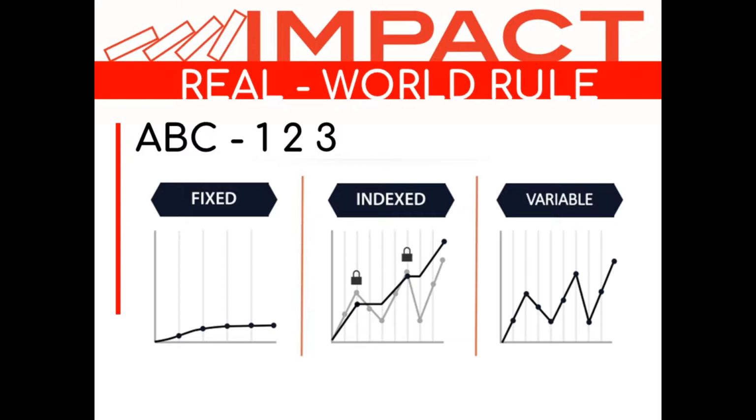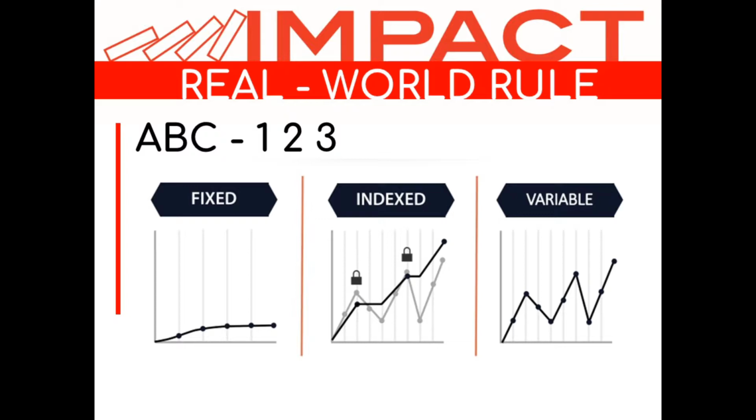And so this shows what an indexed account would do in that exact same environment, hypothetically, where each year the index goes up to the ceiling, but then if the market goes down, it locks in the gain up to that point, and then is at 0% if the annual return is negative. Each of these we'll get into in other lessons, but this is just the surface of it.